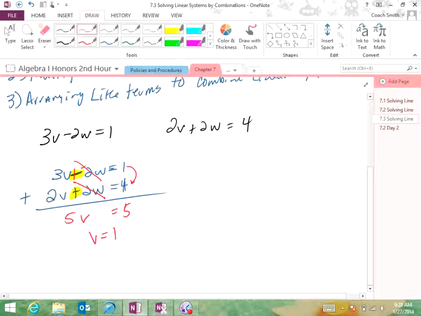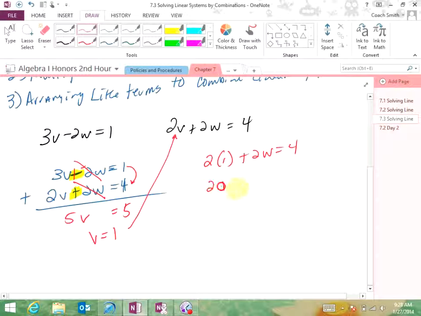Now, I plug that 1 into either equation that I started with to get what w is. Okay? So, let's plug it in over here. We're going to plug in that 1 right there. So that gives me 2 times 1 plus 2w is equal to 4.